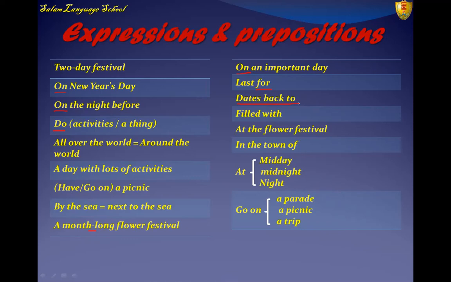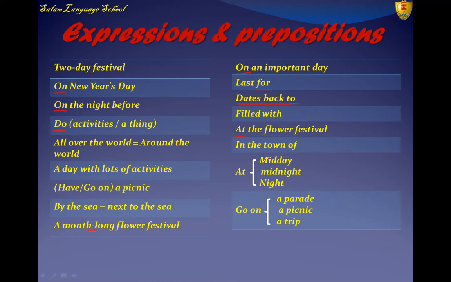For example, this book dates back to 100 years ago. Filled with مليء بكذا. Filled with. At the flower festival. In the town of في مدينة. In the town of Alexandria, for example.